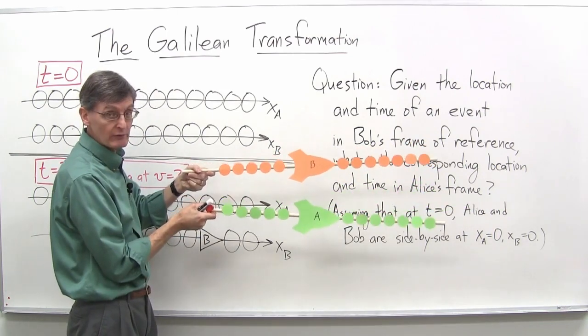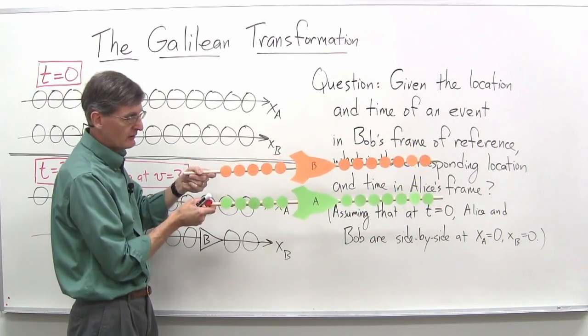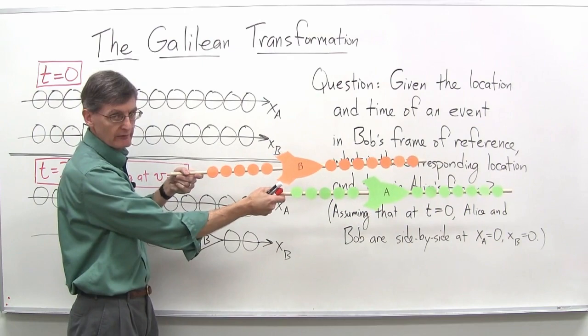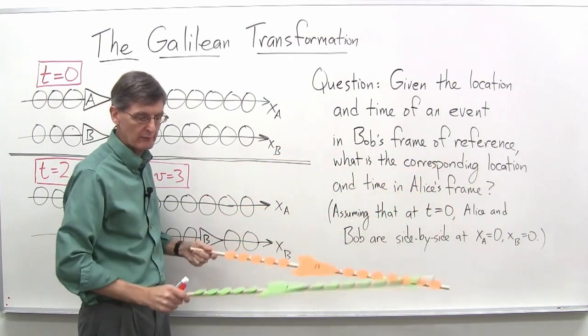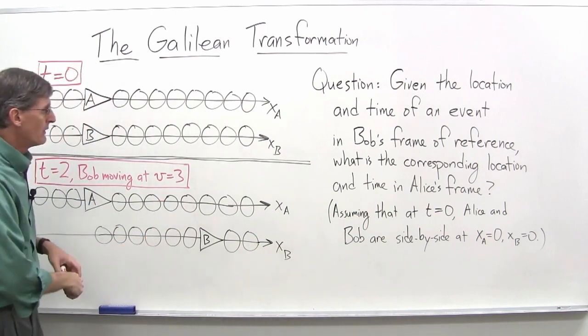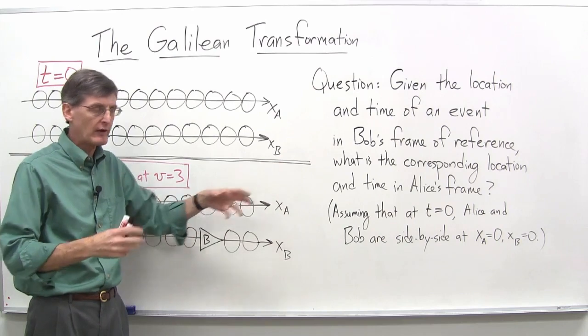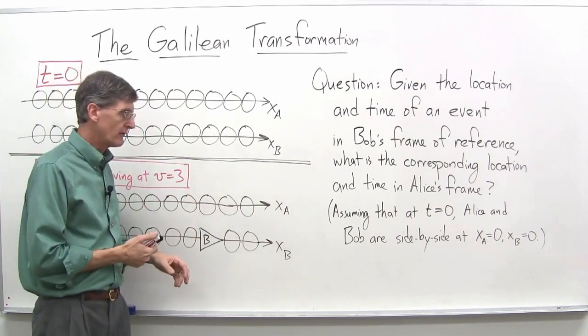And so at t equals 0 there, in terms of their synchronized clocks, they're right together here. And then at a later time, of course, then you can figure out what the times and positions are, however they happen to be moving. So that's the question we want to address. We'd like to ideally have a little equation that we can plug numbers into so they don't have to go through the analysis every time.